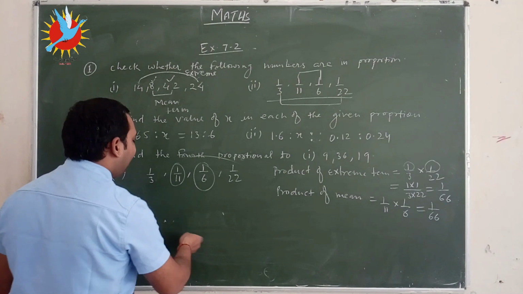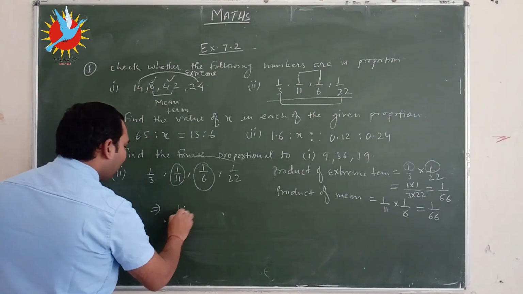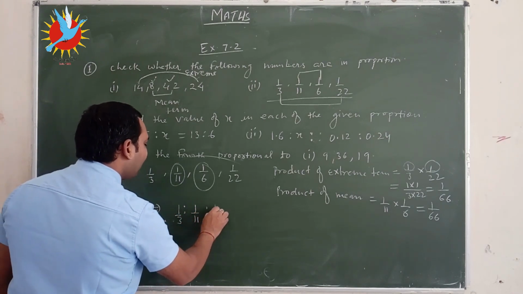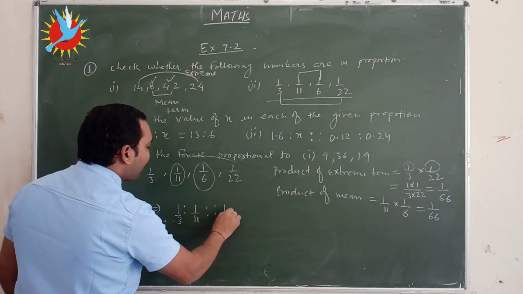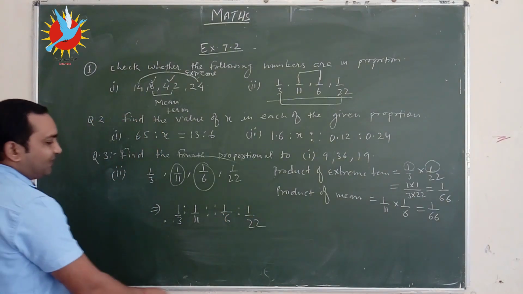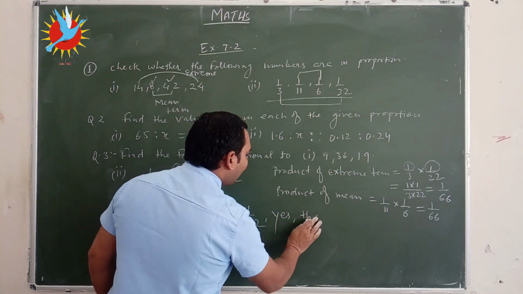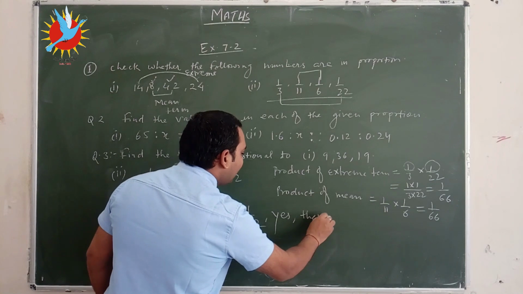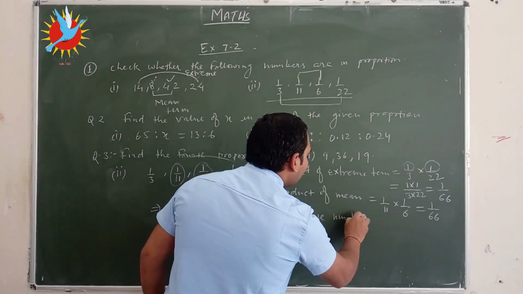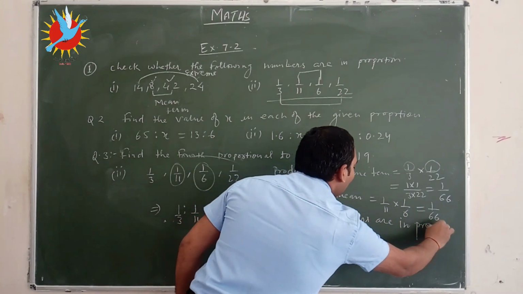So we can write here: 1 upon 3 is to 1 upon 11 as 1 upon 6 is to 1 upon 22. Yes, these numbers are in proportion.